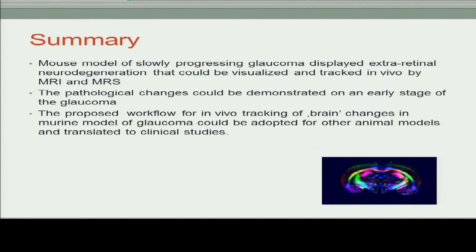So to summarize my talk, we showed that it's feasible to show extraretinal neurodegeneration by MRI in a mouse model of glaucoma. And what is really essential is that the pathological changes could be demonstrated at a very early stage of the disease.